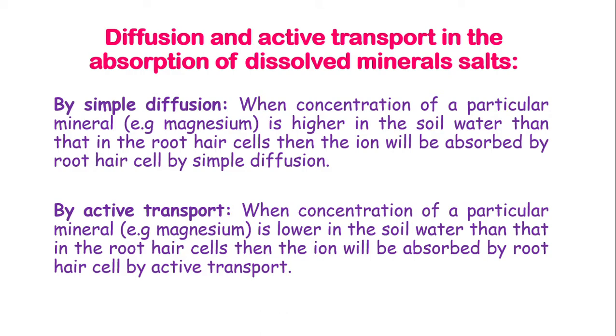And this time the movement of that mineral from soil to root is active transport, because from the definition of active transport we know that the movement of ions or molecules from lower concentration to higher concentration is active transport. This time the root hair cell needs to use some energy, and as they are living cells they do respire and they can use the energy to absorb the mineral ions.